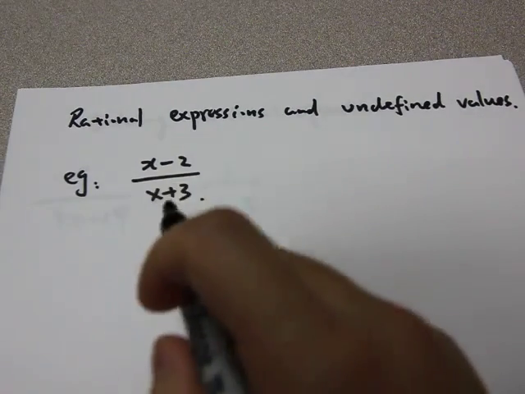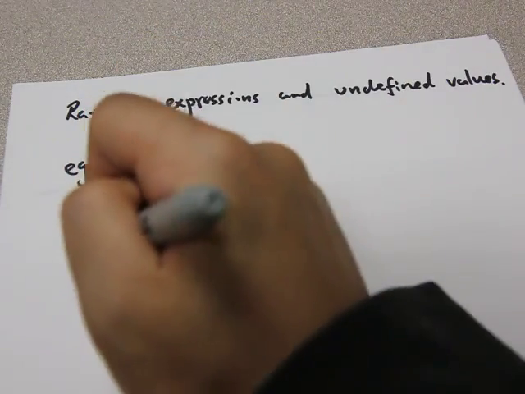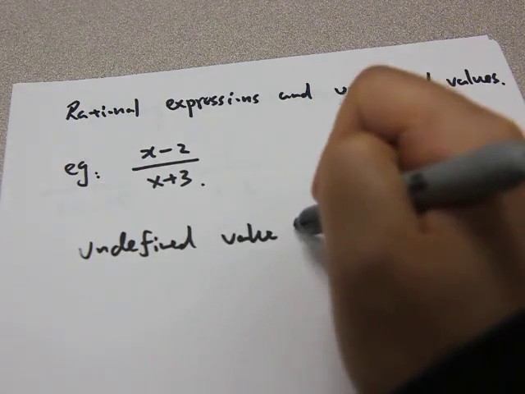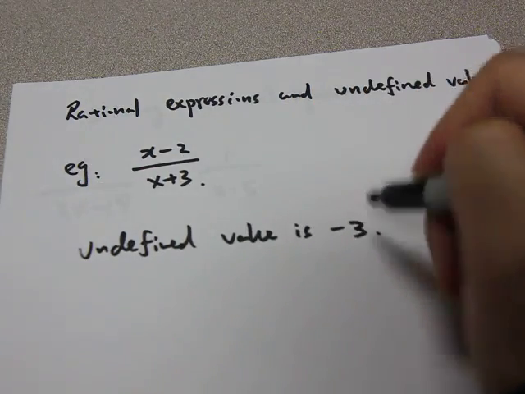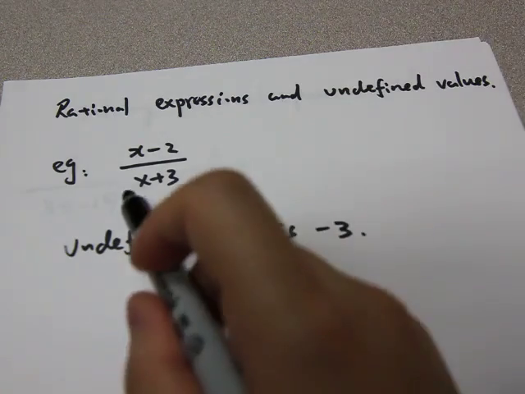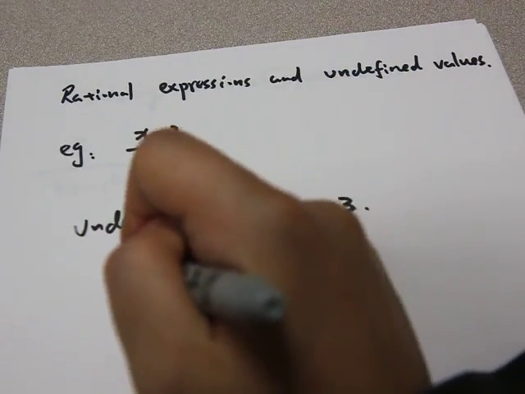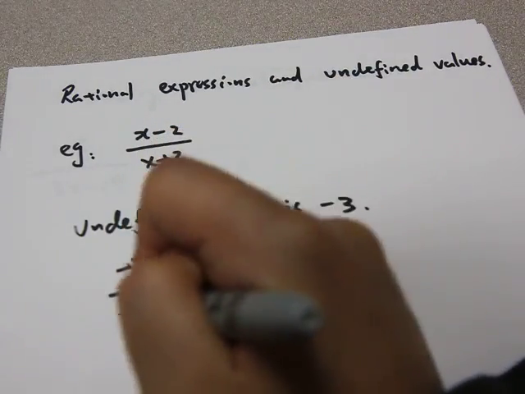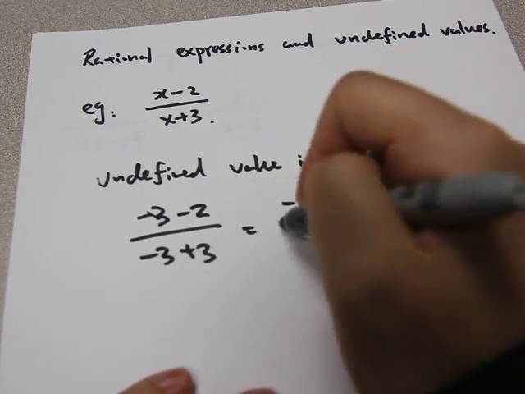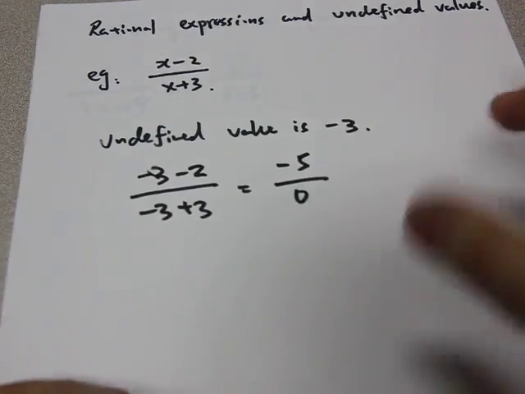So for example, for this rational expression, its undefined value is -3. Why? Because if you substitute -3 for x, then the denominator will be 0. So you have a -5 over 0, and we know this thing is undefined, right?